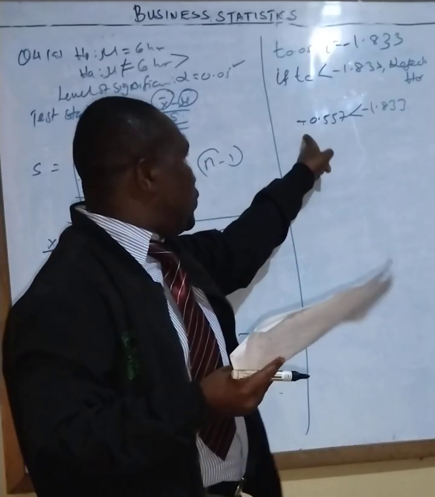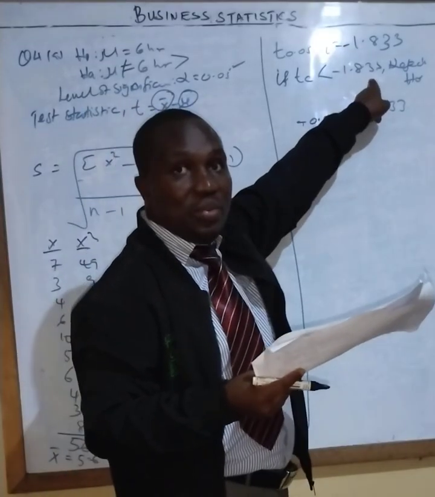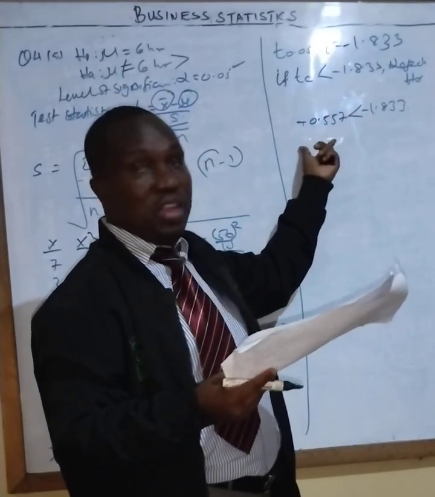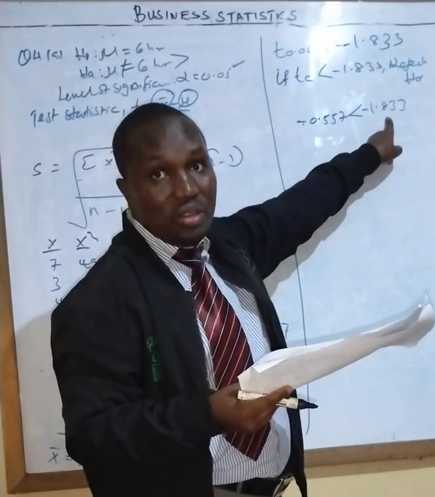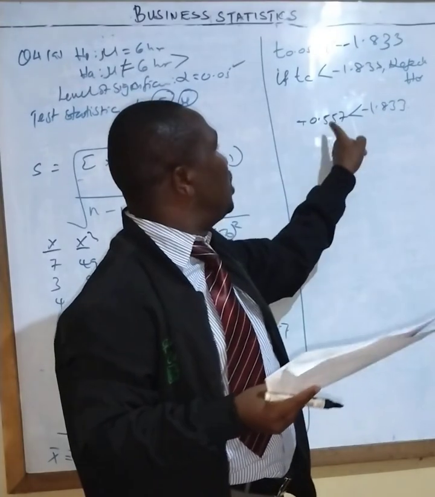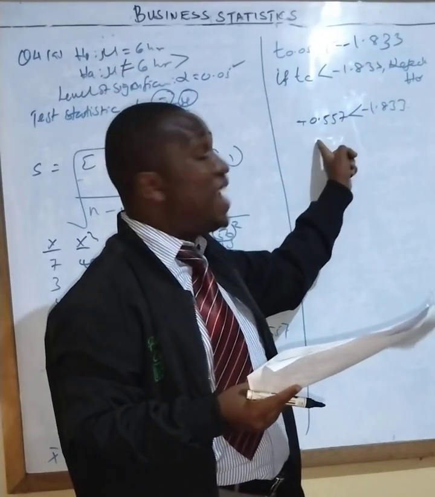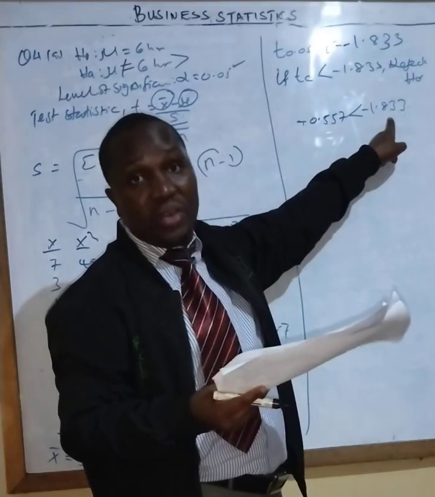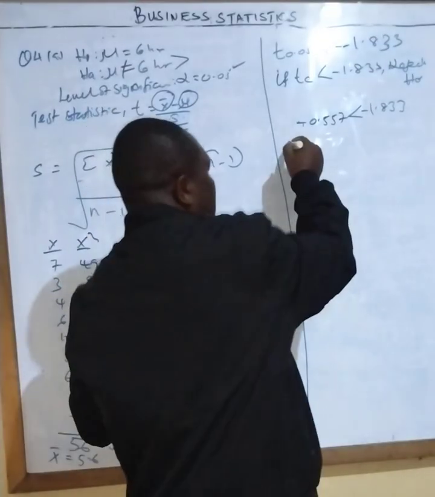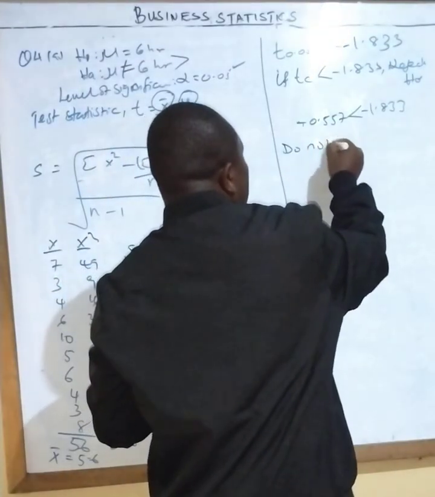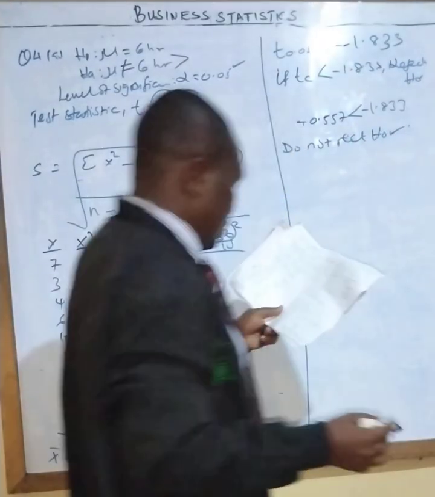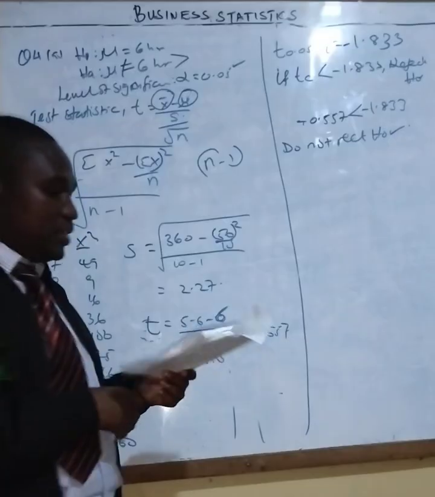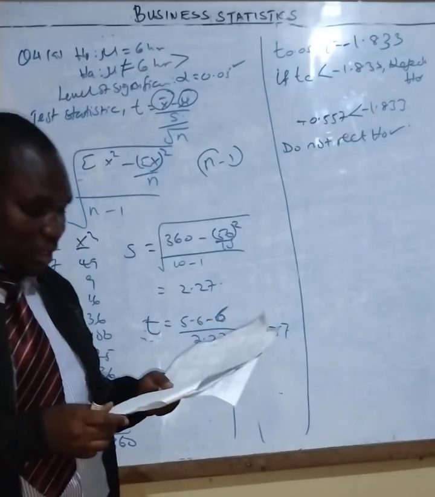If this figure is less than this one, we reject. But when you check carefully, this number is bigger than this because these are negative. So the calculated figure is greater than what we have read. Therefore, do not reject the null hypothesis.